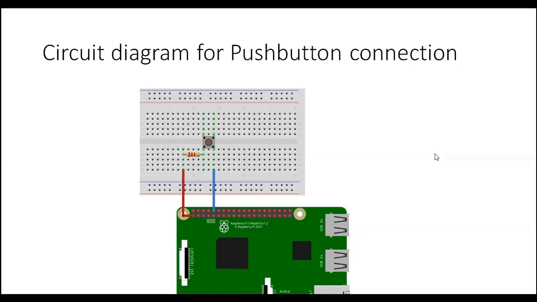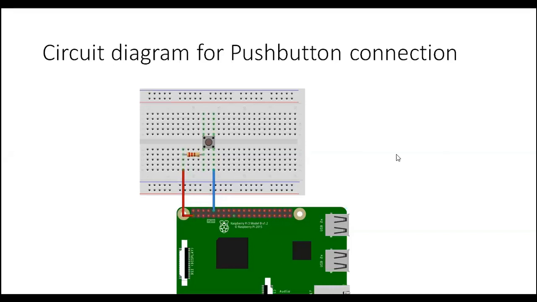Accordingly we give the connection, shown in this diagram. Here we have connected one resistor; power is given to one pin, and one more pin is connected to the GPIO port. This blue wire is connected to GPIO, and one is connected to the power.